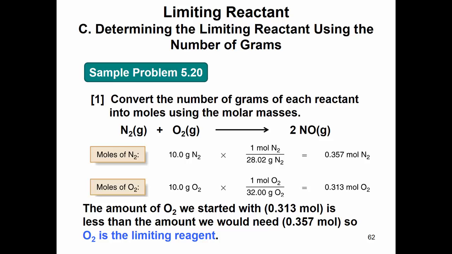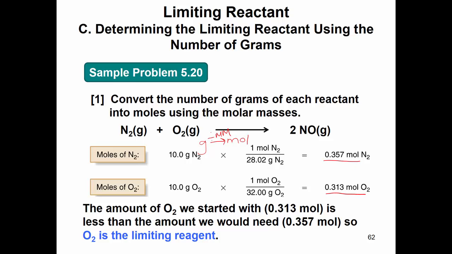So what you do is you convert your 10 grams to moles, just like we've been doing, dividing by the molar mass. So for N2 you get 28.02 from the periodic table. O2 is 16 times 2 from the periodic table, and that's all out of 1 mole. Therefore, here we get moles and moles.